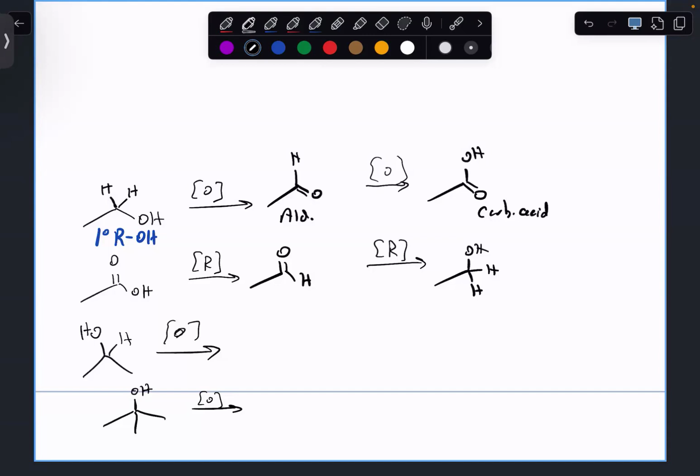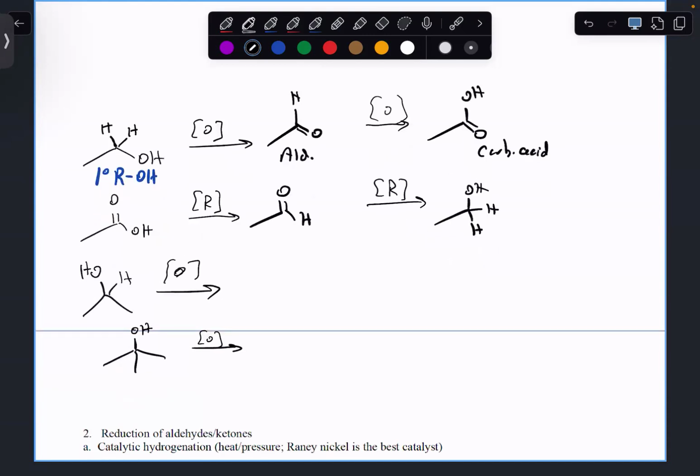Look what happens though if you start with a secondary alcohol. Story's going to be a little bit different. Because note, whereas the primary alcohol started with two hydrogens, the secondary alcohol only has one.